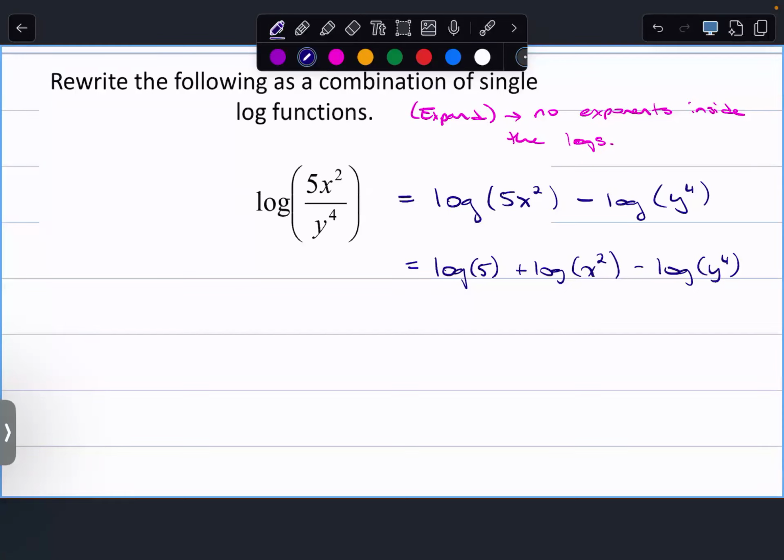Okay. Which means that I can bring this 2 out front and this 4 out front, and then I'm left with the log of 5 plus 2 times the log of x minus 4 times the log of y. And now I'm done. There's no more expansion that I could do.